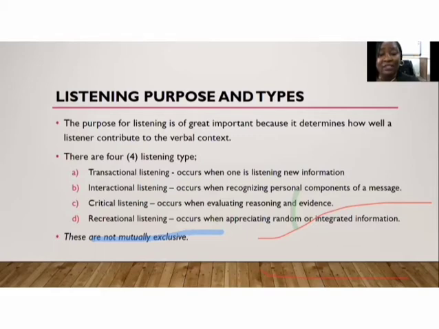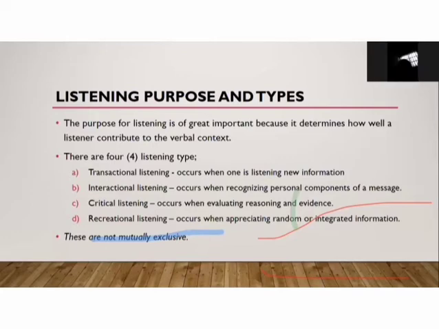If you registered, you will not stand up. If you did not register, you will stand up. The third type is the critical listening. And this occurs when you are evaluating reasoning and evidence. And of course, when you attend lectures, it is one of the types of listening that you should be carrying out.